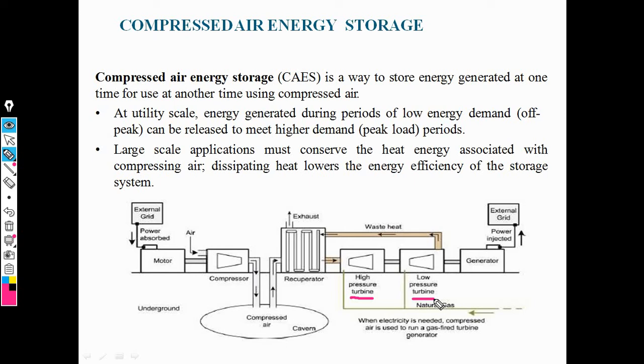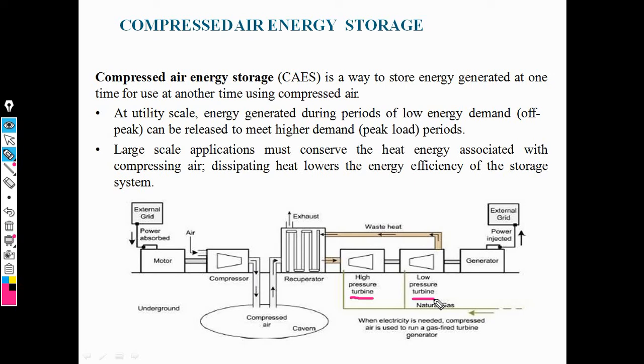The compressed air energy storage system converts electrical energy into energy stored with the help of high pressure compressed air. This stored energy can be used for external grid supply.